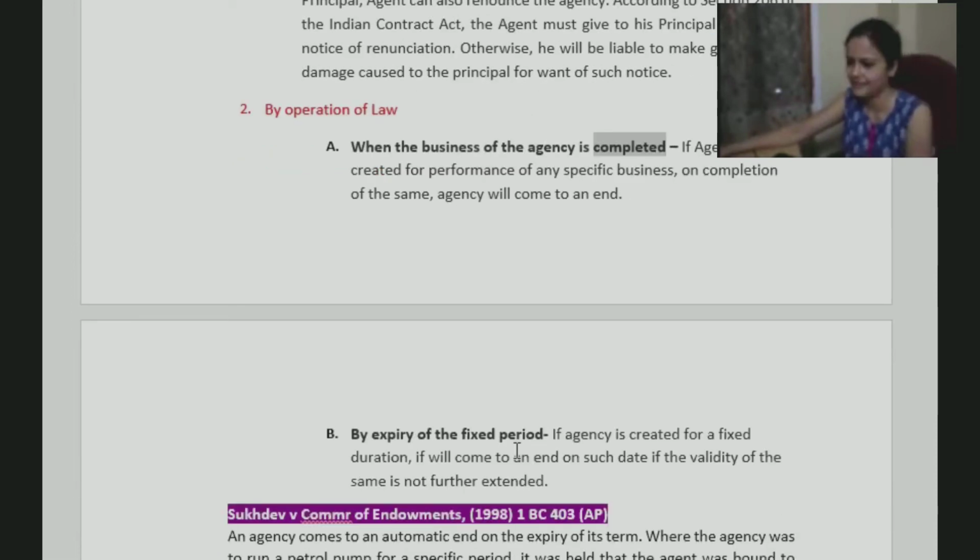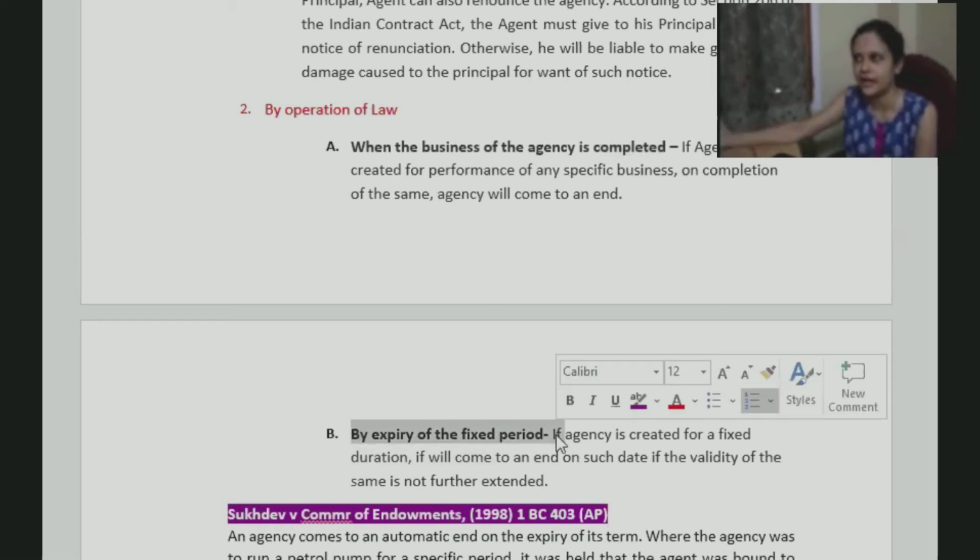So this and the second one are similar: by expiry of fixed period of term. If the term was fixed, that we are acting as agent and principal only for 2 years, or might be 3 years, once this term is completed, again, the agency also would come to an end unless they have renewed it. Like in the agreement, they may have a provision that the initial validity of this agreement is going to be 2 years, but there is a provision to renew it or extend its validity, right?